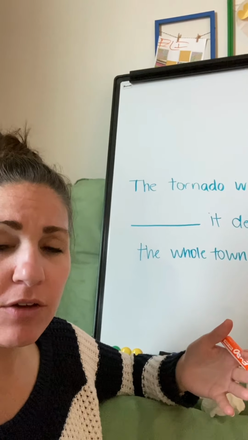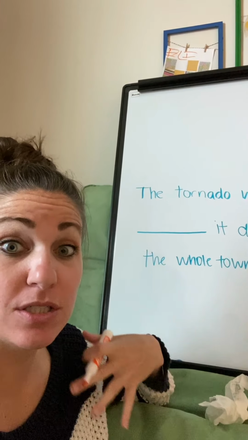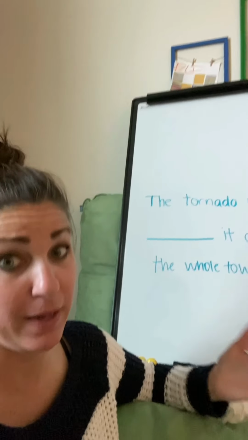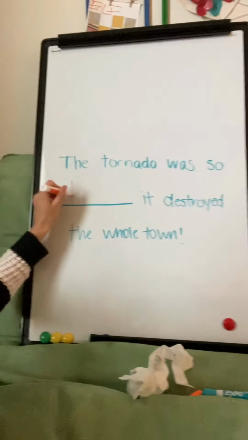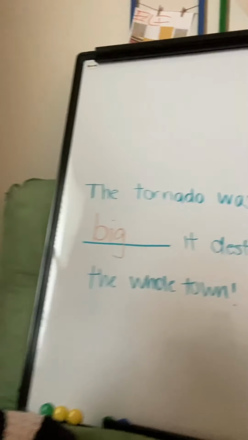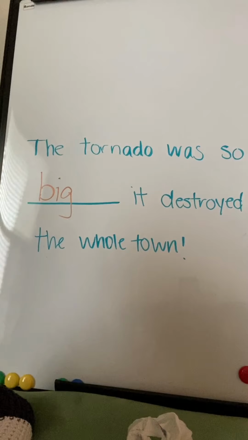So if we're looking for a word to describe something that could demolish or destroy a whole entire town, it must have been pretty big. So the word big fits on this line. The tornado was so big, it destroyed the whole town.